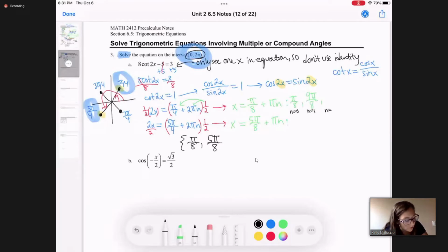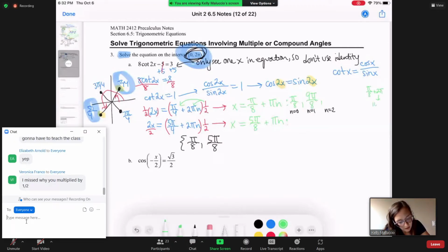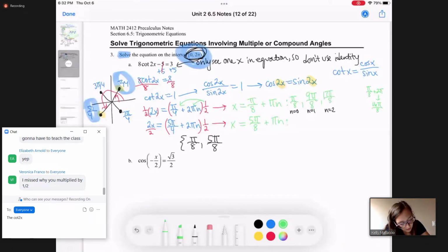And we don't do negative because, again, we're only looking between 0 and 2 pi. n equals 2, and I'll do the same thing for the top and the bottom. So if n is 2, pi over 8 plus 2 pi. This is like 16 pi over 8, so this is 17 pi over 8. This was like scratch work in my head.